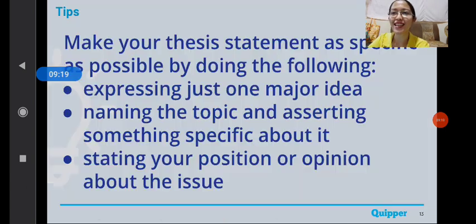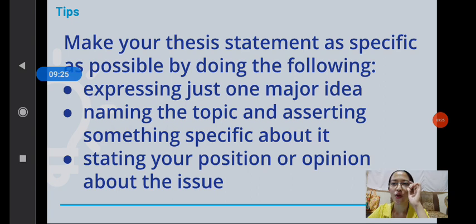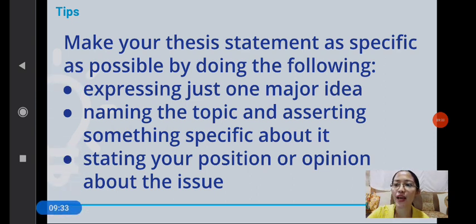Okay? Let's move on. Now, let's see the tips on writing a thesis statement. Make your thesis statement as specific as possible by doing the following: expressing just one major idea, naming the topic and asserting something specific about it, and stating your position or opinion about the issue.